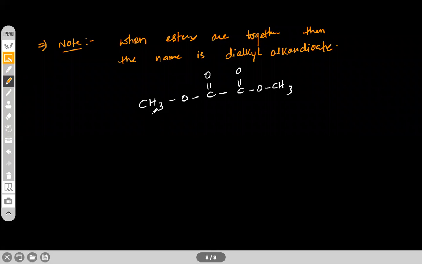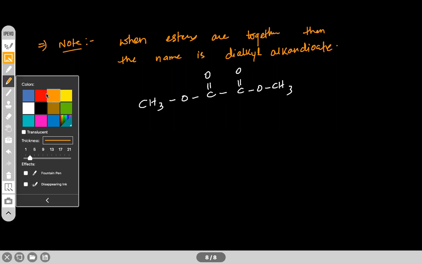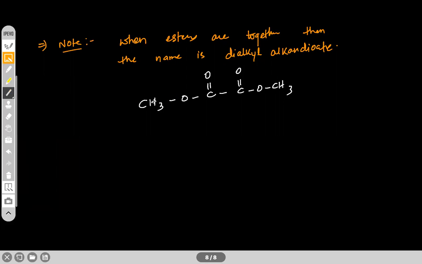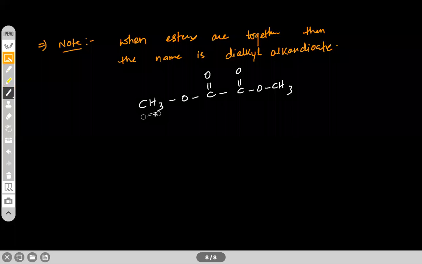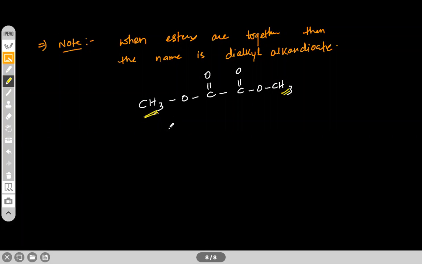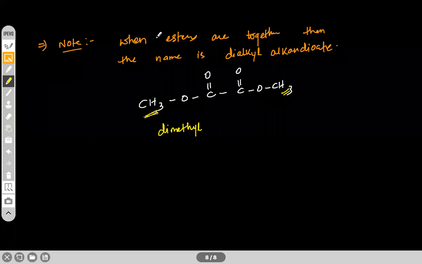See, the alkyl which is attached to the oxygen is the alkyl part, right? So methyl here, and here we have methyl. Methyl, methyl. So we write it as dimethyl. When two esters, same molecule we have here.